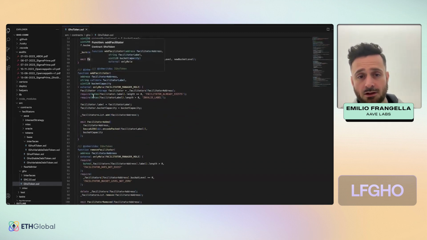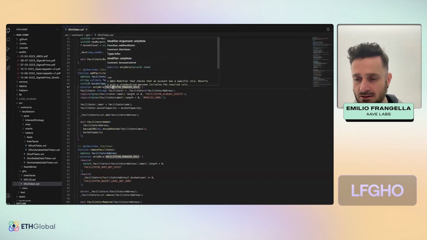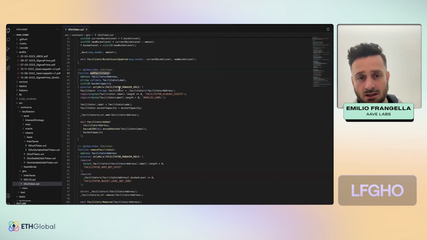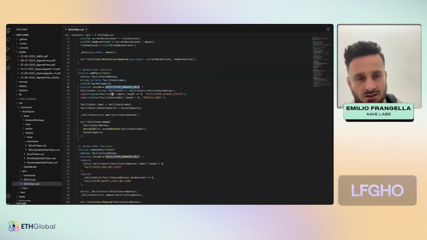The add facilitator function is permissioned, in the sense that there is a specific role that needs to be satisfied to call this function, which is the facilitator manager. In our case, the facilitator manager is the Aave governance. So only the Aave governance can call this function.